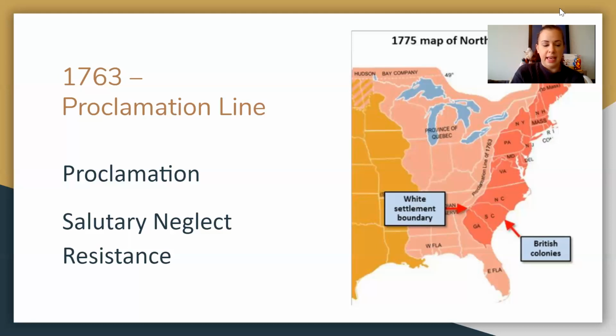So the resistance, again, is run by the patriots, and this resistance comes in several different modes. You have one, the creation of groups like the Sons of Liberty, who are actively working to push for the colonists' interests, and they are doing so in more active measures through protests and things of that nature.